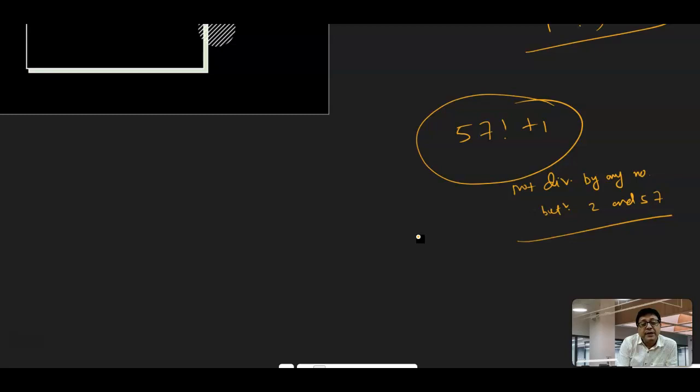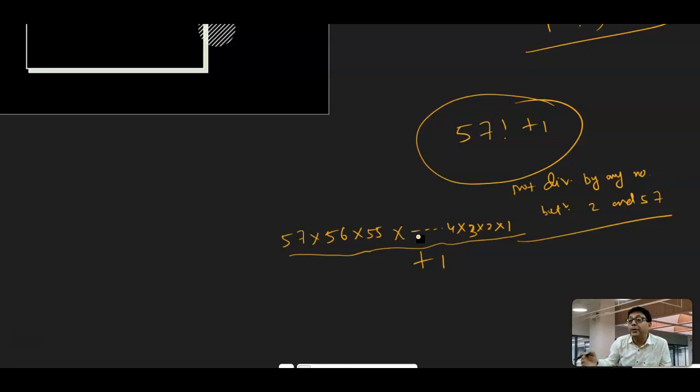Factorial 57, if you write, it is 57, 56, 55, down to 4, 3, 2, 1, you know. That plus 1. The number 57 factorial is completely divisible by any number between 2 and 57, because its prime factorization contains all the numbers.